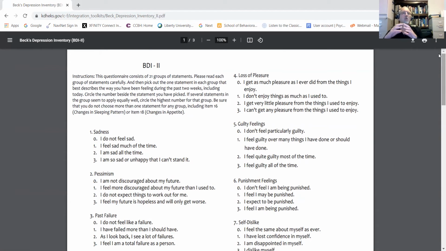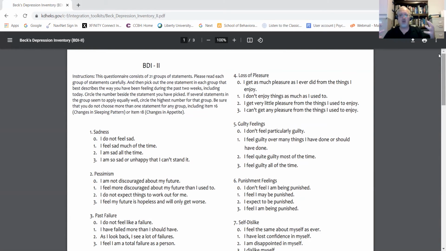In the end, they put together their listing of what items they thought contributed to individuals' negative thinking when they were suffering depression.